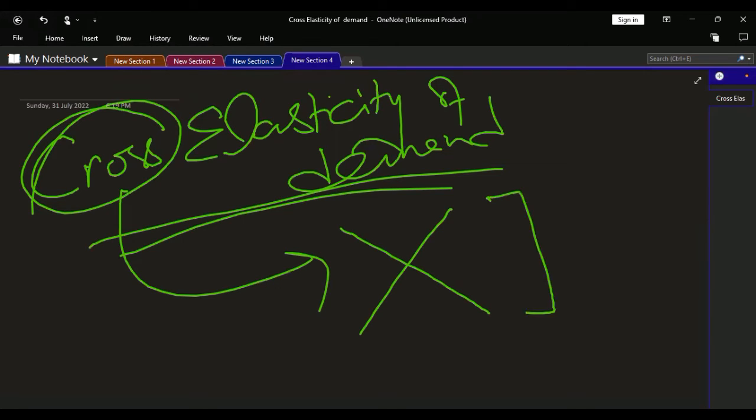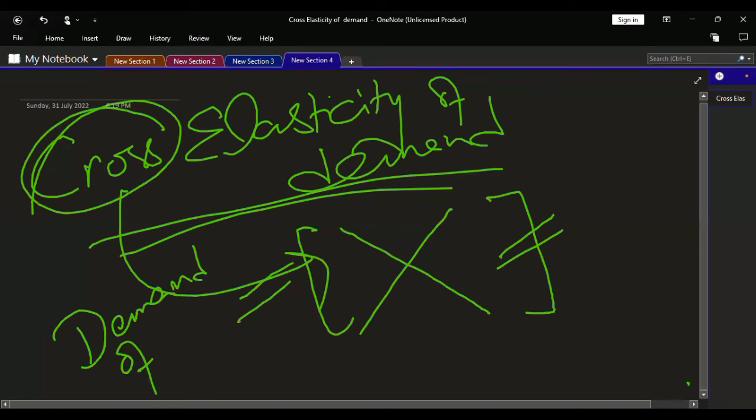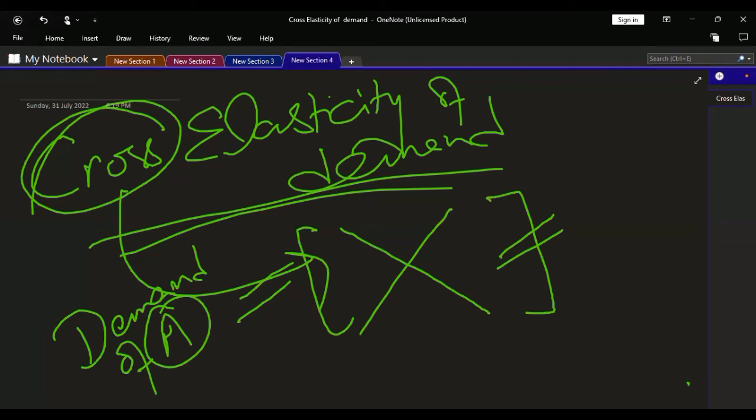First item will be here and second will be here. Here, demand of a product, let's say product A, is discussed in comparison with the change in price of product B.